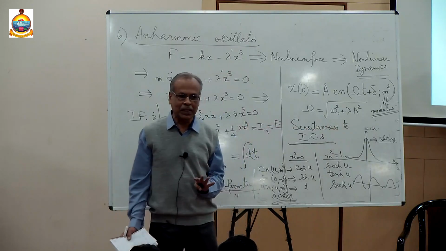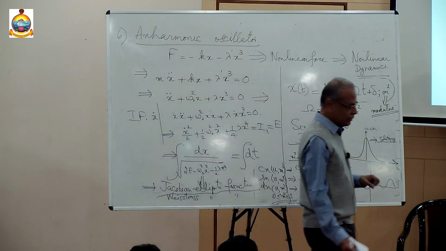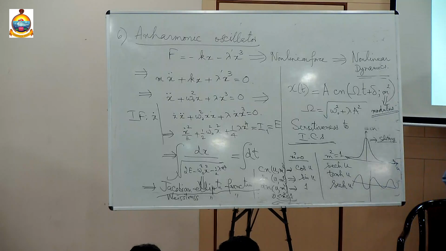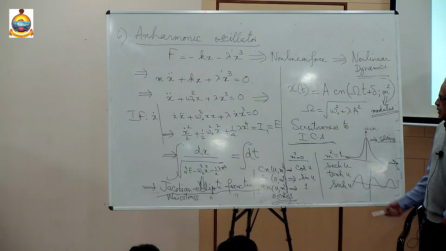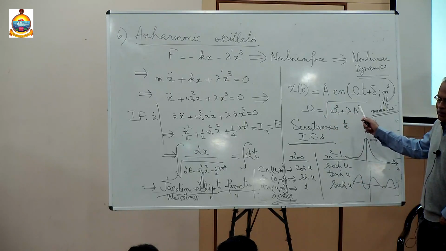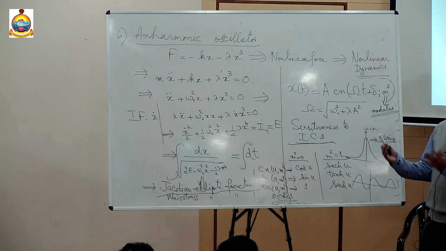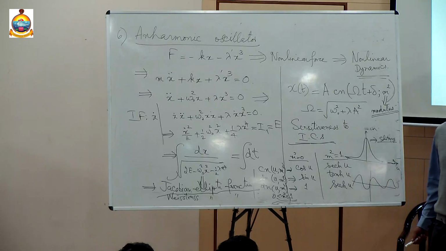Sensitiveness to initial conditions is the characteristic feature which distinguishes nonlinear dynamics from linear dynamics. One important property. In any case, the properties of a nonlinear dynamical system will depend in general on the initial conditions. How it depends, you have to identify.